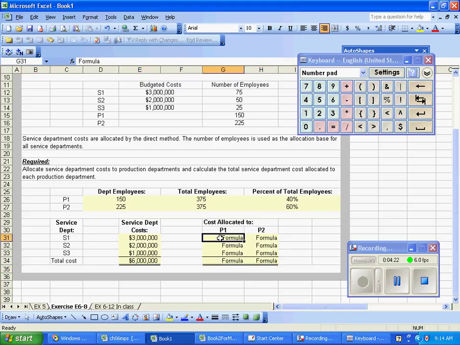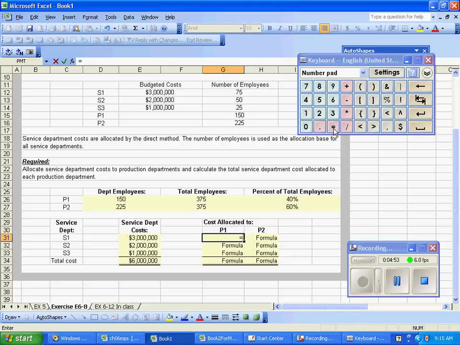So for Service Department 1, how am I going to do that? Seth, can you walk me through that? How much of this Service Department 1, that 3 million, is going to Production Department 1? How am I going to calculate that?